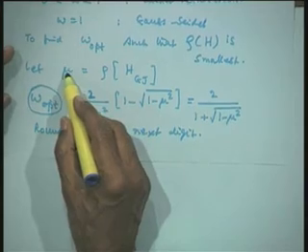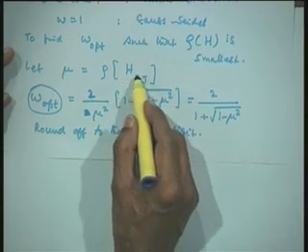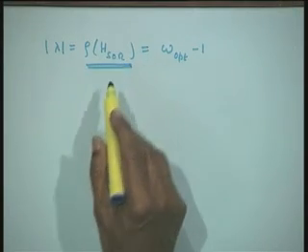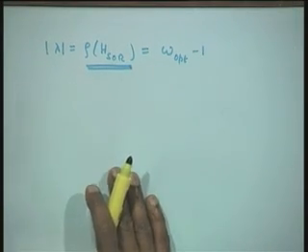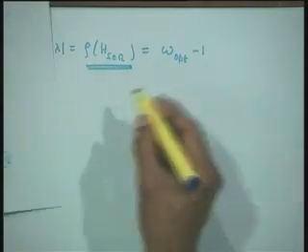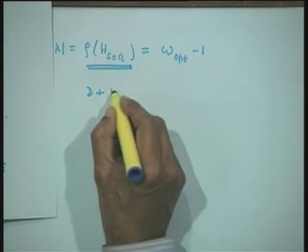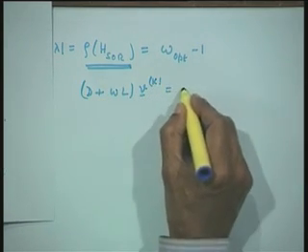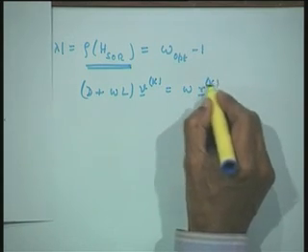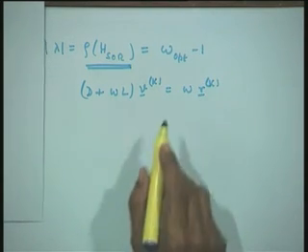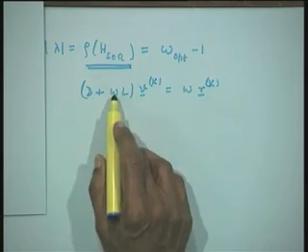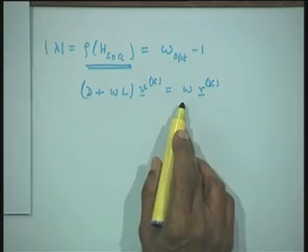I need to find only the spectral radius of the Jacobi scheme, substitute it, find the omega optimum, and that omega optimum will give me the value that I should use in the SOR scheme. If you remember, we have used the scheme as D plus omega L V k is equal to omega R k. So, we have used this error format for this SOR also. We could use this itself, and this is the value that we are going to substitute over here and solve the particular problem.